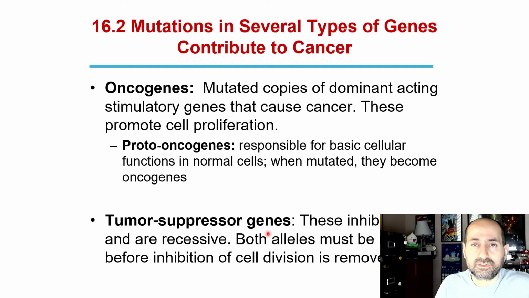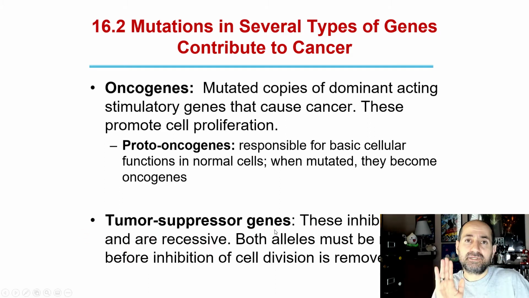Tumor suppressor genes are also normal everyday genes of yours. But these are the ones that inhibit cancer and are recessive. The job of tumor suppressor genes is basically to be the checkpoints. Do you remember the checkpoints?